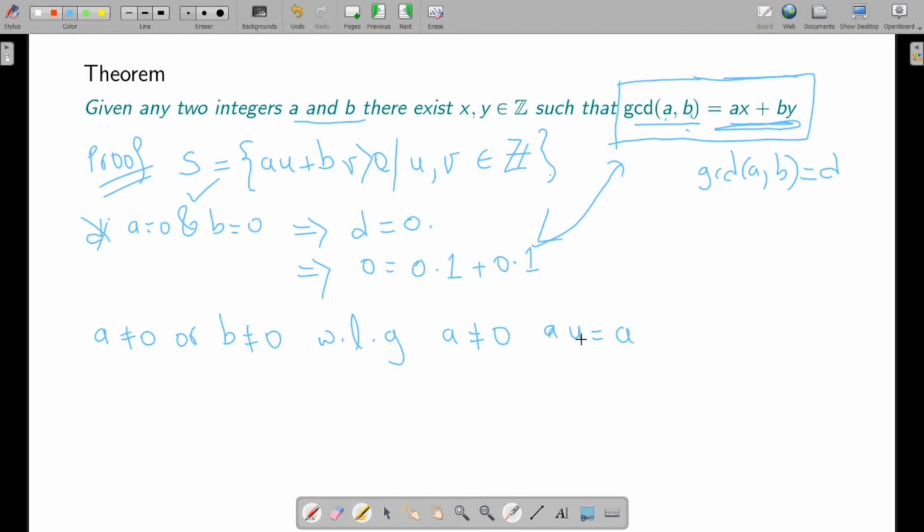Thank you, Mukta. So if you take U as A and V as 0, then AU plus BV will be A square, and since A is non-zero, this is going to be positive.